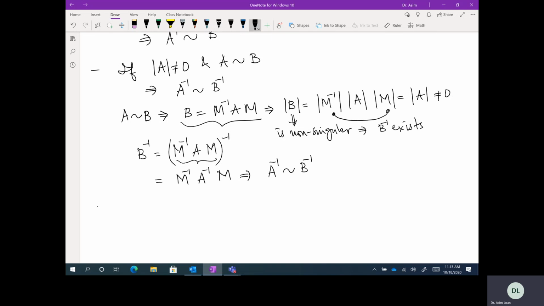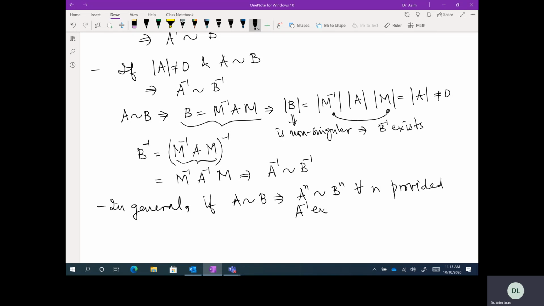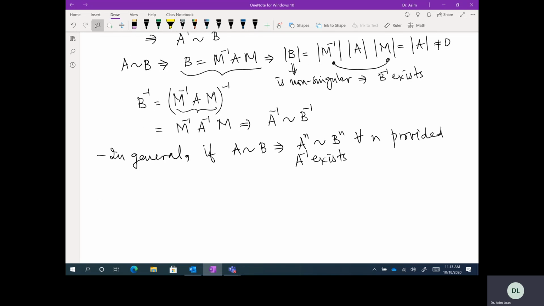Or in general, if A is similar to B, this implies A^n is similar to B^n for all n, provided A inverse exists. So if this exists, then this would hold.